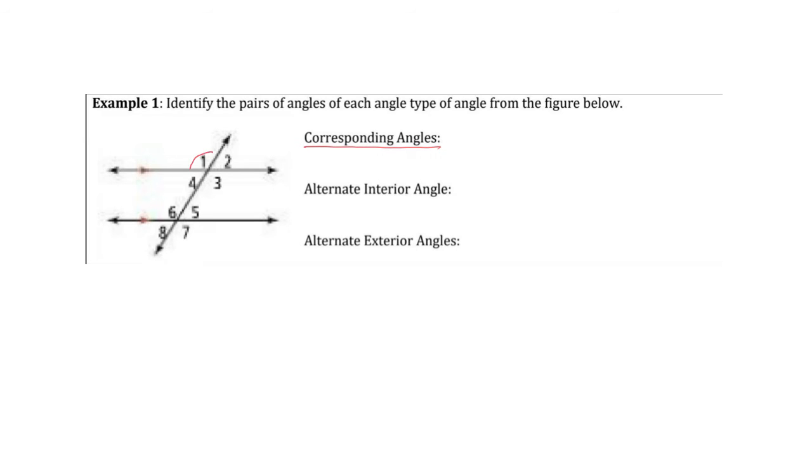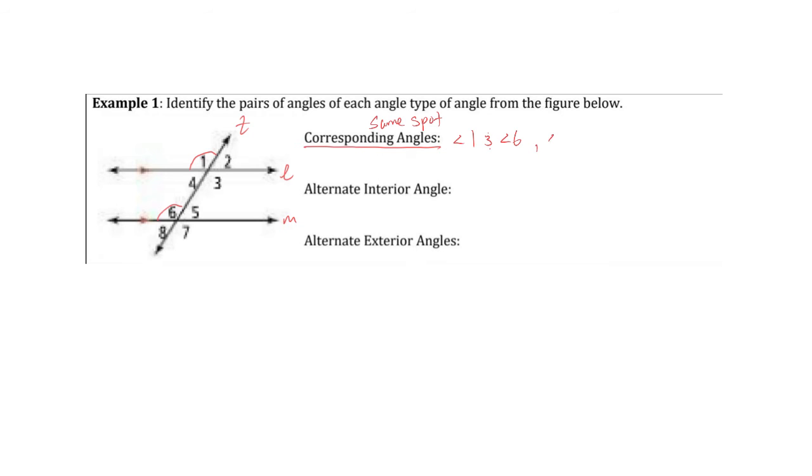If I look at angle 1, it's corresponding, the same spot, that's what you want to think, but on the other parallel line. So angle 1 is corresponding to angle 6.